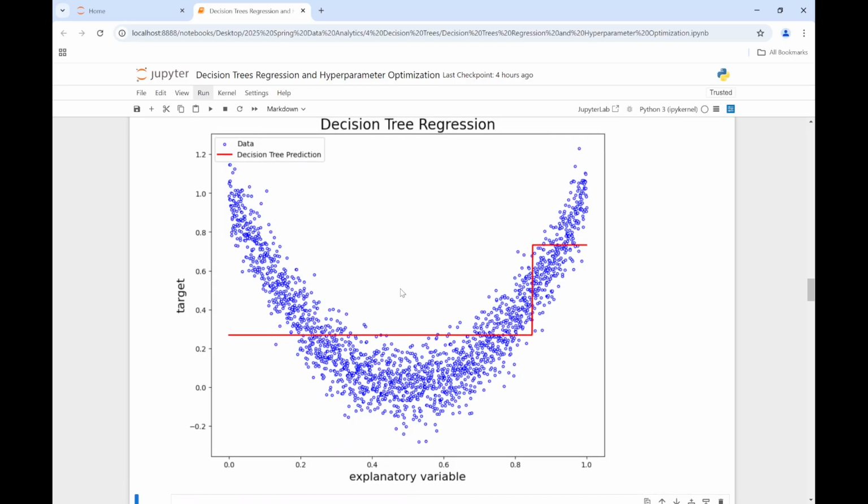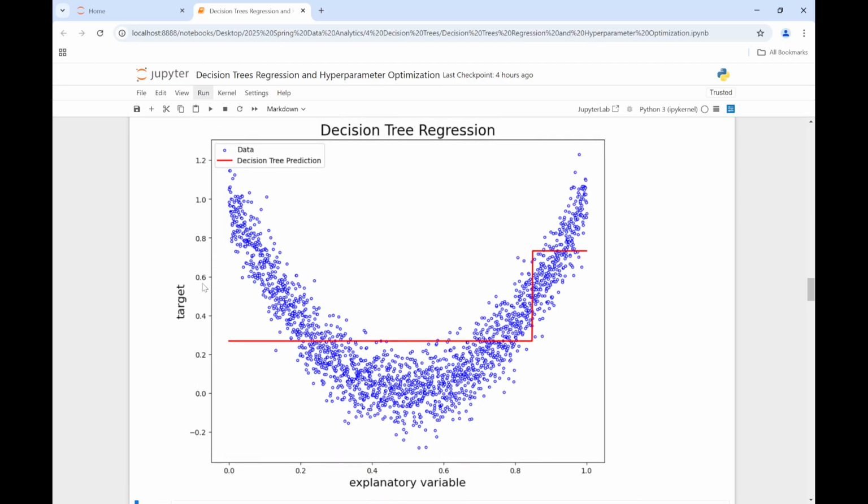So in this plot, I have my target variable on the y-axis. I have my explanatory variable on the x-axis. The blue open circles represent the data, and the red line represents the decision tree prediction. Visually, we can see that this is not a good fit. But of course, in practice, we would have to run a train and test split and compare the performance of this decision tree with perhaps a slightly more complex model.